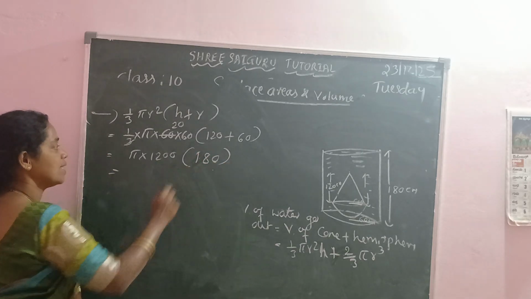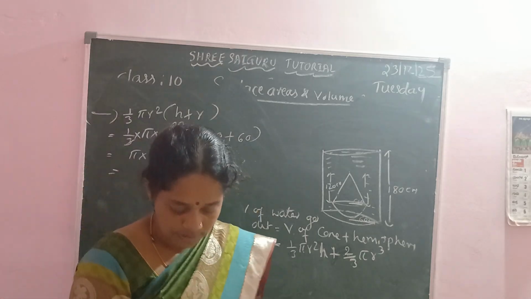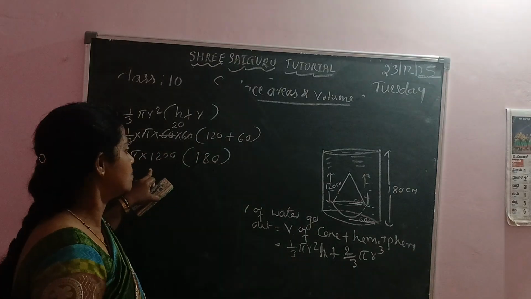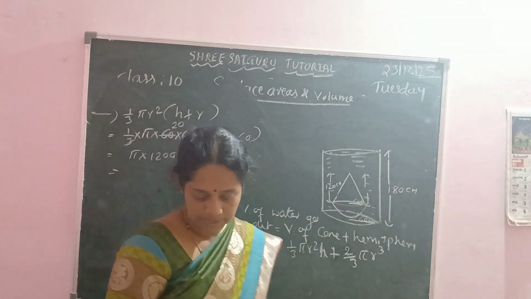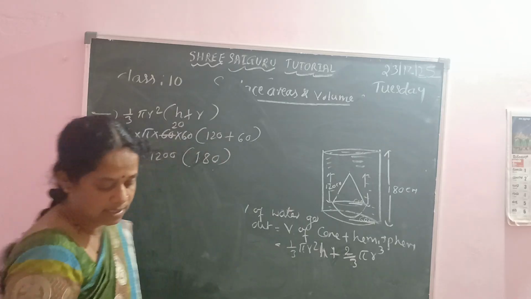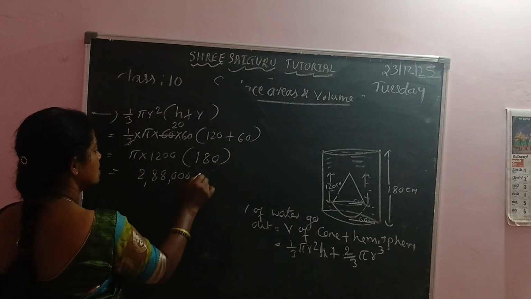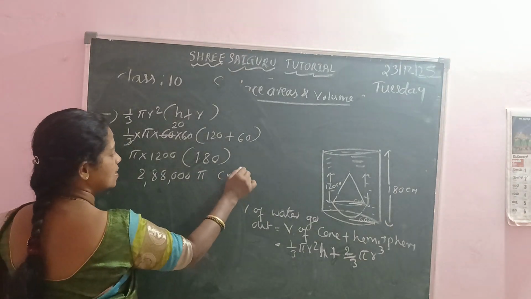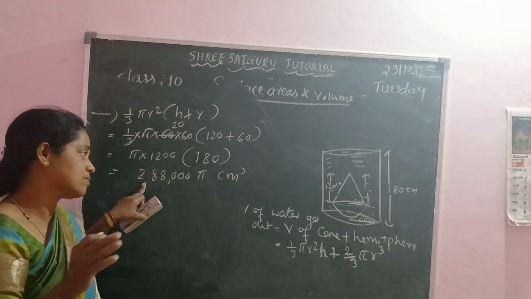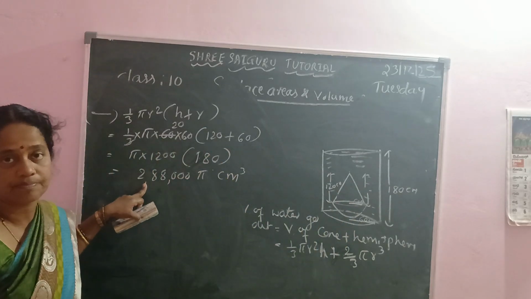So on multiplying these two numbers, 1200 into 180 gives the sum of the volume of the cone and hemisphere, that gives 2,88,000. Yes, that is 2,88,000 into pi centimeter cube. So this is the sum of the volume of the cone and the hemisphere.